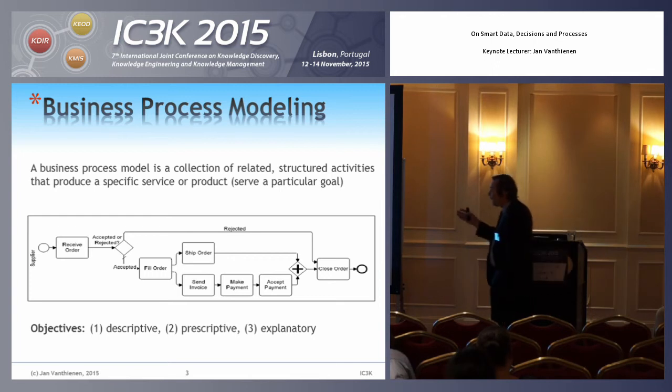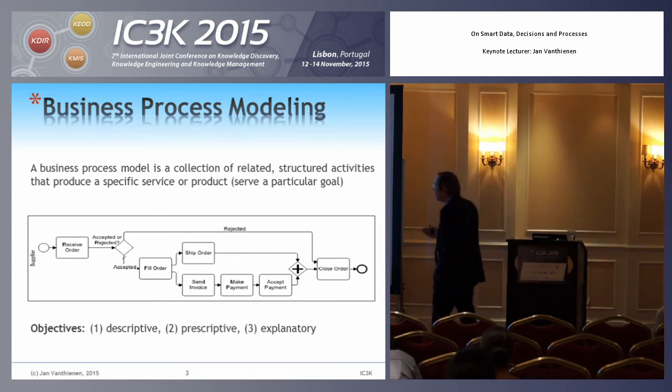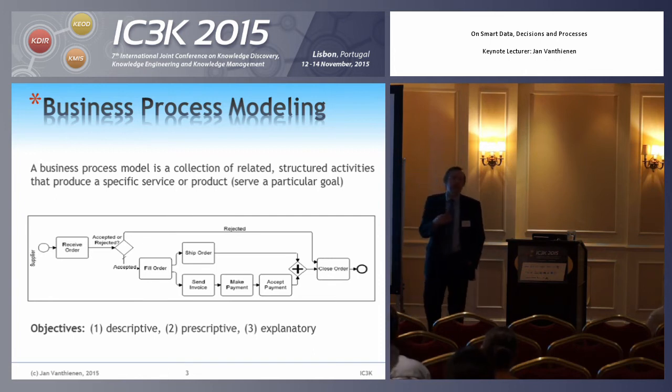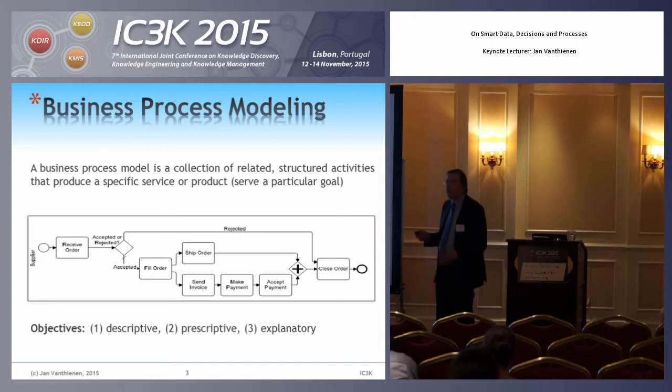For instance, receiving a customer order or a loan or a claim, and then accept or reject the order, fill the order, ship the order, send the invoice, wait for payment, those things. That's typically what the business process model will do. Very often in a notation by the OMG, the Object Management Group, the notation BPMN, the Business Process Model and Notation Standard.